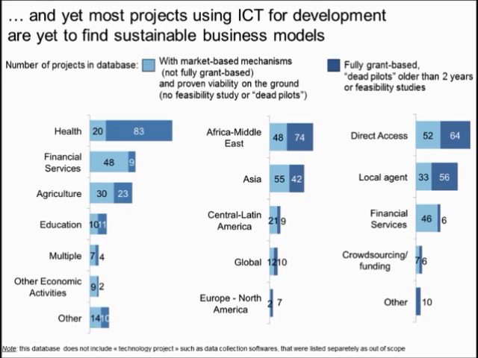Financial services we stated here as a separate category. It's usually a mix of direct access with local agents. And again, you see here that the majority of them is or can be market-based. Crowdsourcing is really a new area, a new field, so we have not that much statistics there yet.